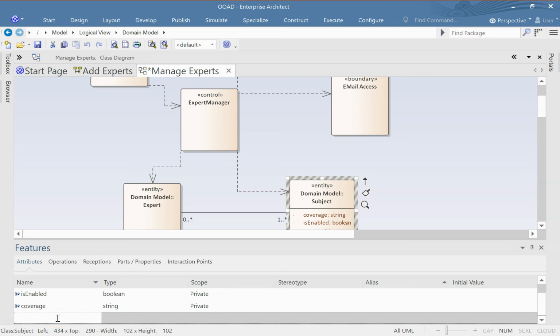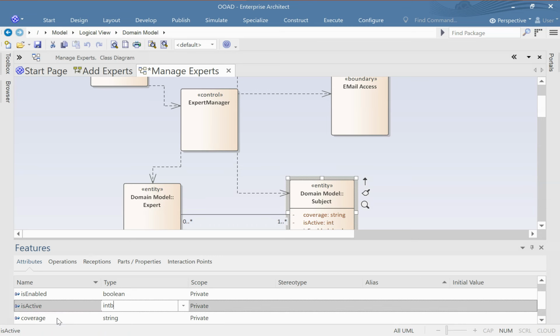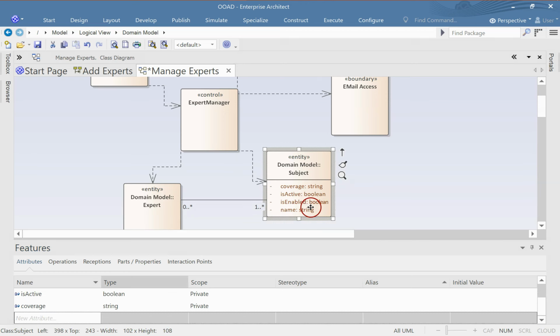Now, what happens if the subject is outdated? It is not required anymore. So again, for that, is active, which would again be boolean. Again, to enable it for testing, we need to have so many approved questions. So we require number of questions approved.